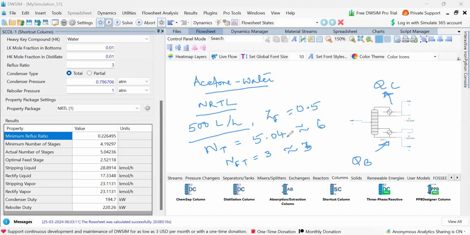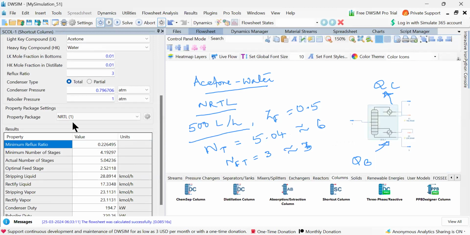So now we are ready with a column with certain operations. Let us see again the specifications we have given in this column.